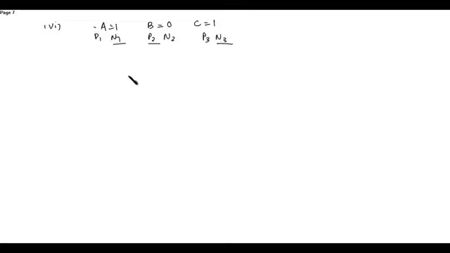So now you can say P1 is off, so it is represented by open circuit. P2 is on, represented by short circuit. Then P3 is off, open circuit. This is VDD.